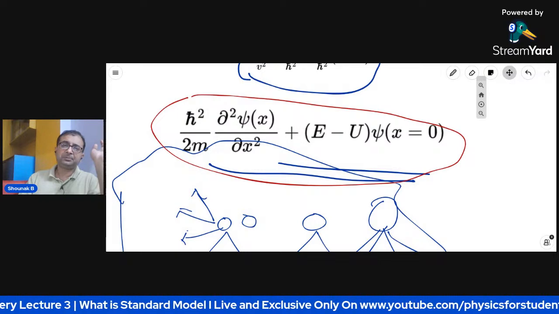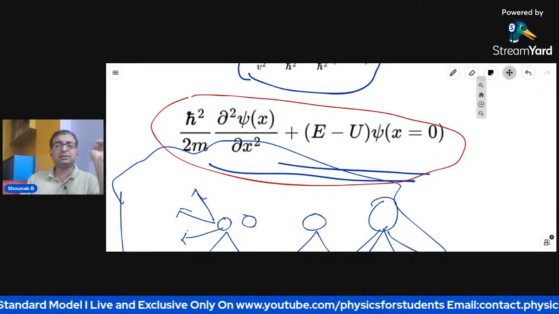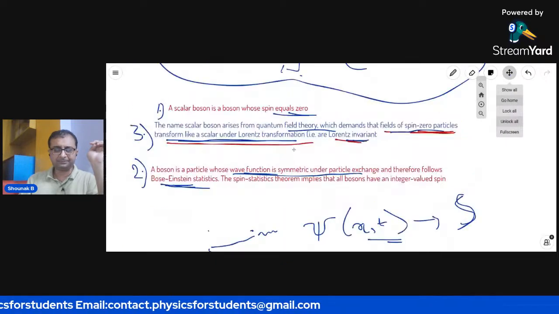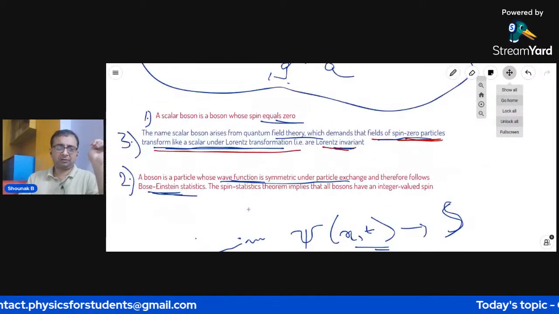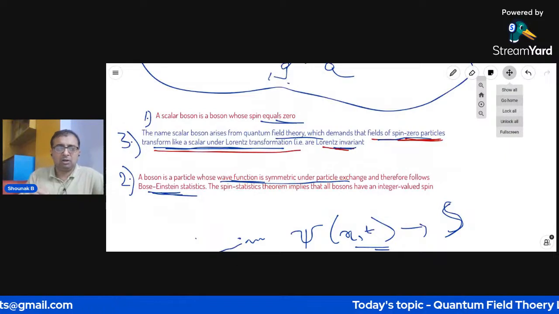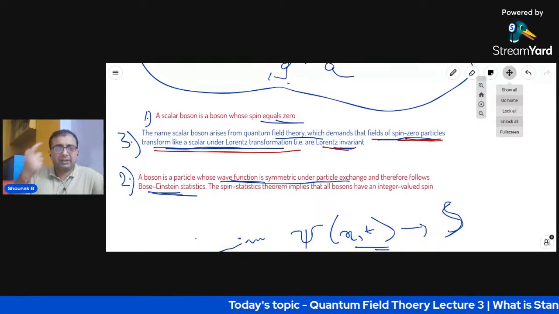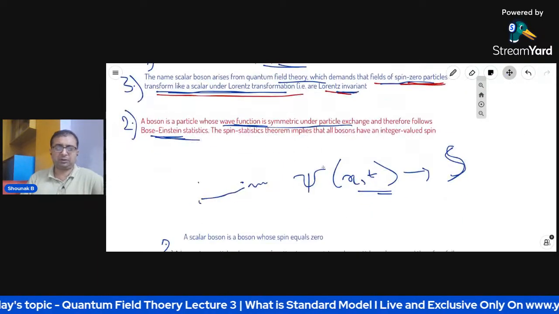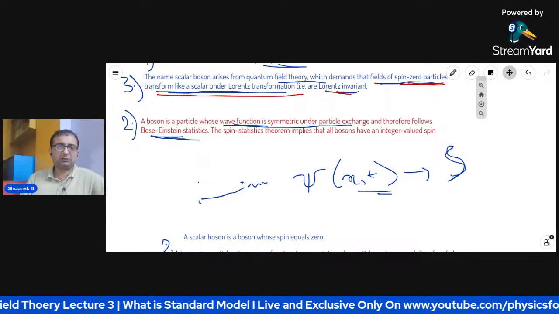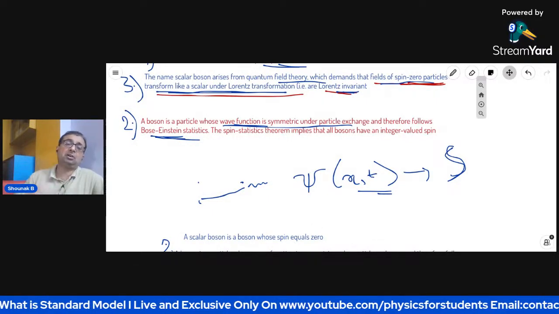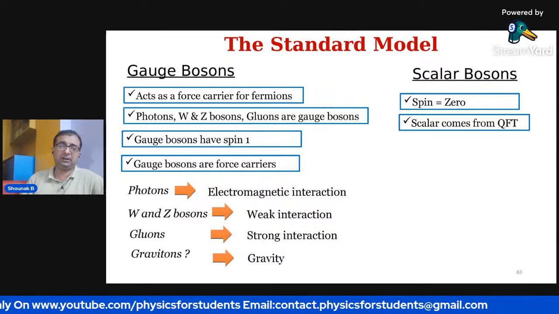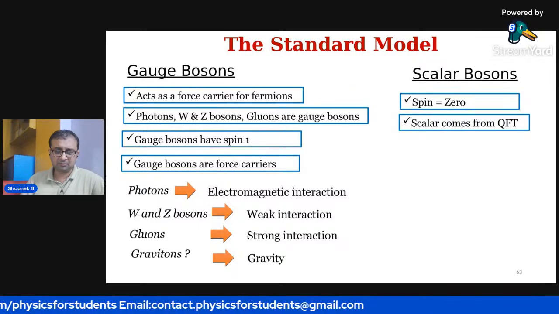And now we have seen the standard model, and the 3 important features of the scalar boson: it has spin equals 0 because of the symmetric nature of the wave function, and it follows the rules of special relativity, the Lorentz transformation, and hence it becomes invariant in nature.